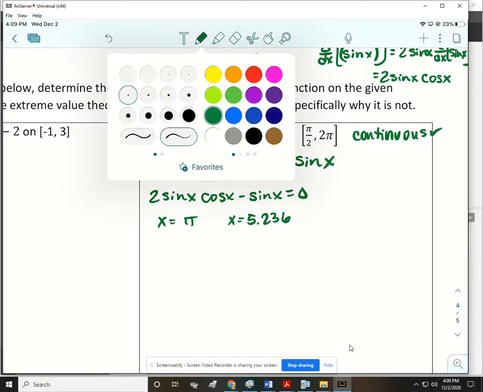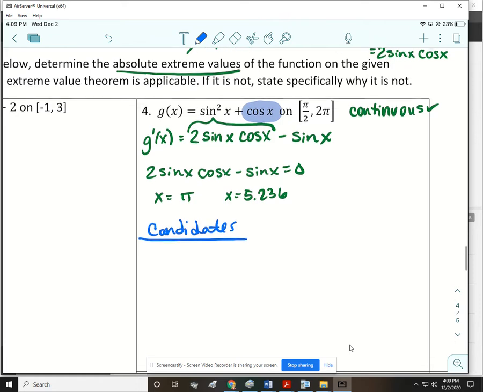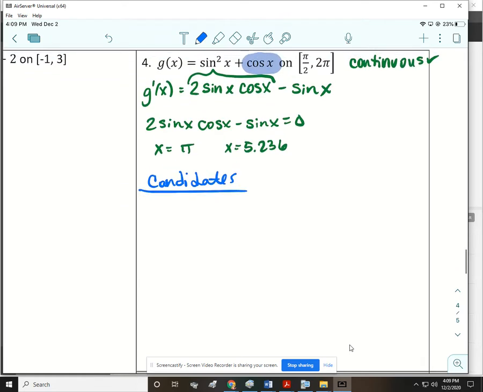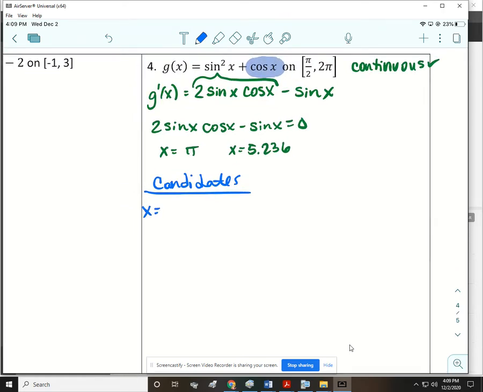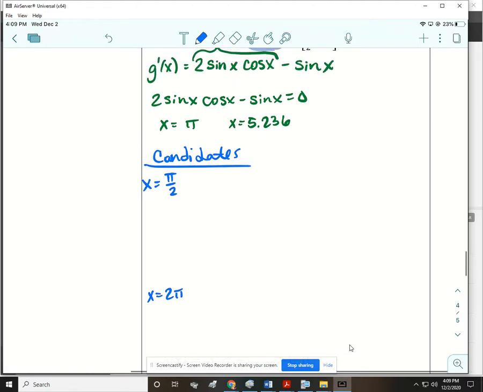Okay. So remember, we are going to hold an election for maximum and minimum. And so our candidates are going to come from our endpoints and our critical values.